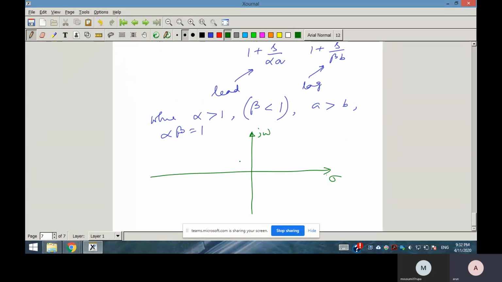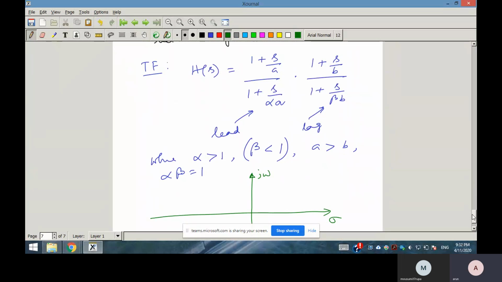So, pole-zero map. Here I have considered A greater than B. So this is, suppose, minus A. A greater than B means this is minus A, and this will be minus B. What about beta B?